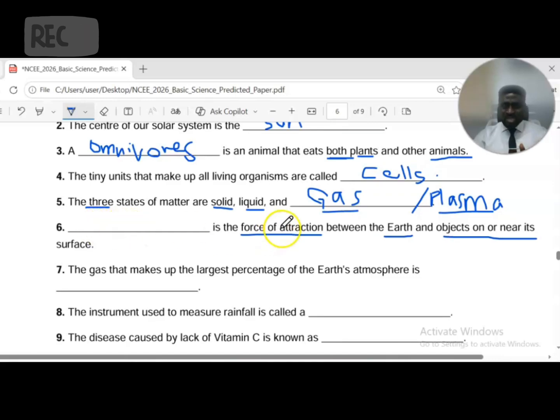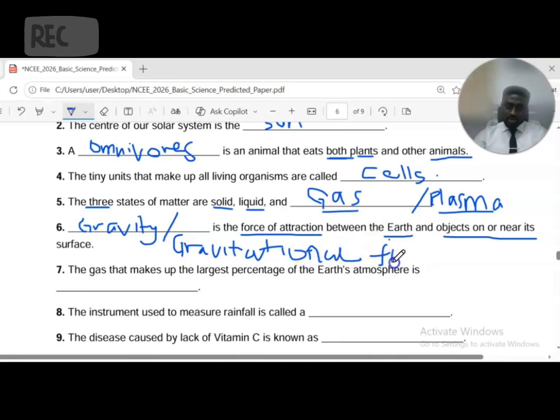But the one that attracts objects to the center of the earth is called gravity, or you can say gravitational force. I'll write it below here, gravitational force.